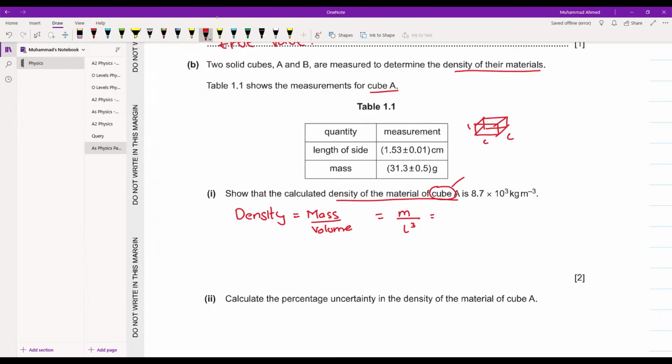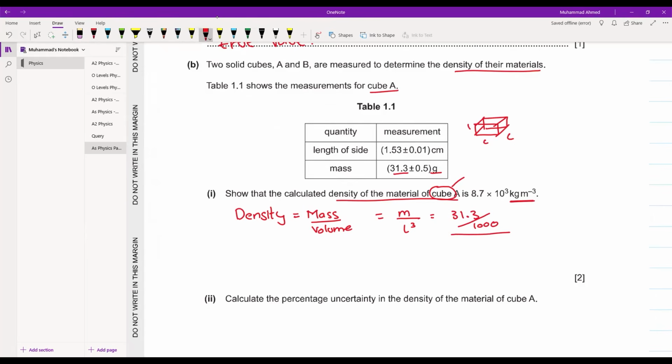You have to calculate the density in the units of kg m minus 3. Your mass is given in grams, so convert it into kgs: 31.3 divided by 1000.